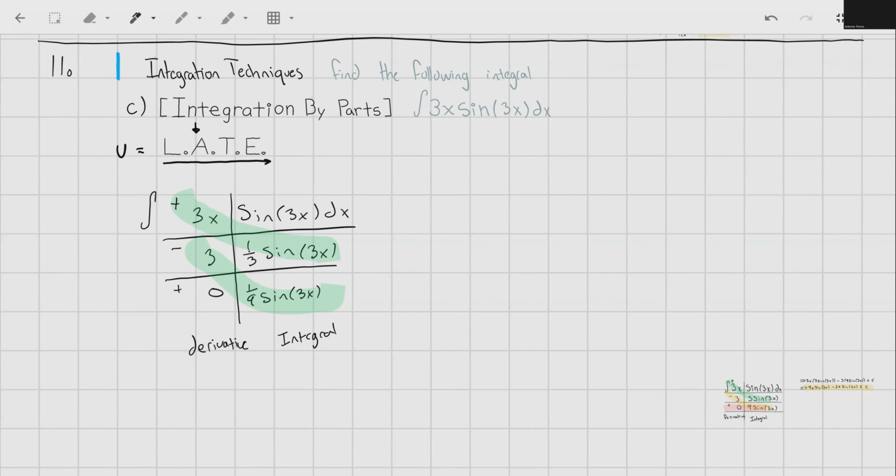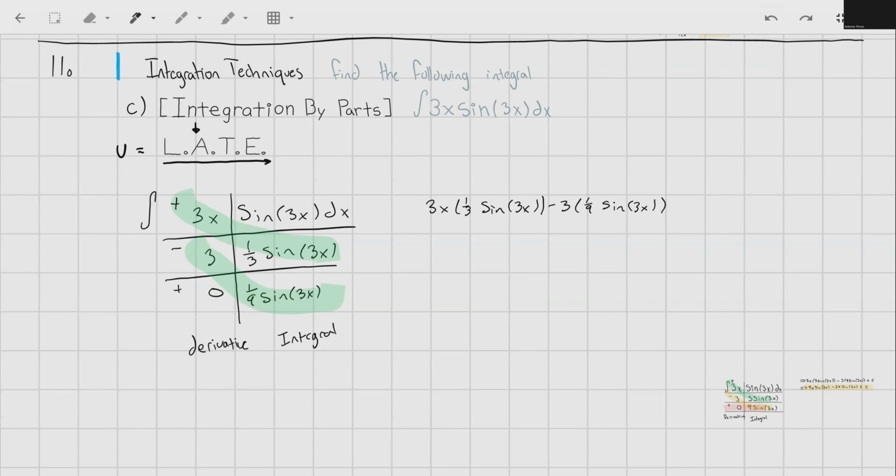So the first step is you multiply 3x by 1/3 sine 3x, minus 3 times 1/9 sine 3x. And then usually you would also multiply this bottom one by this other bottom one, but it's 0, so we're just gonna leave it out.